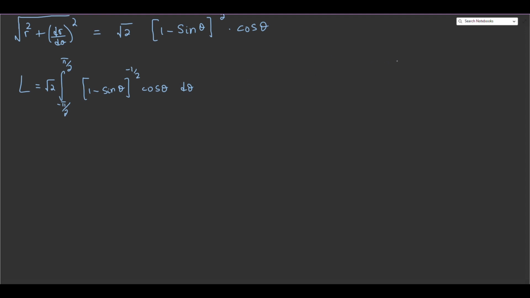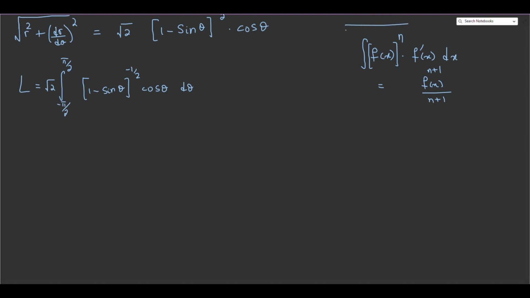And which formula are we going to use here? Again, if you remember from calculus 2, if you have f of x to the power n multiplied by the derivative of the inside function, its integral will be equal to f of x to the power n plus 1 divided by n plus 1.